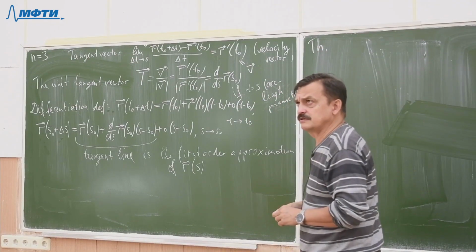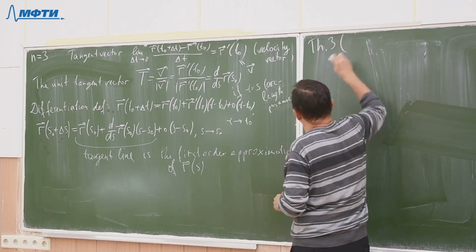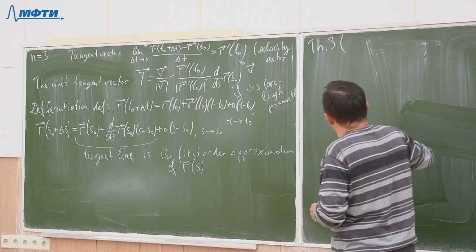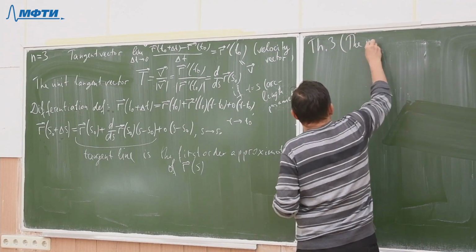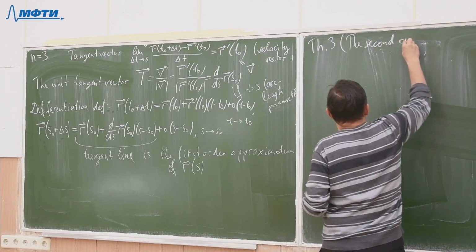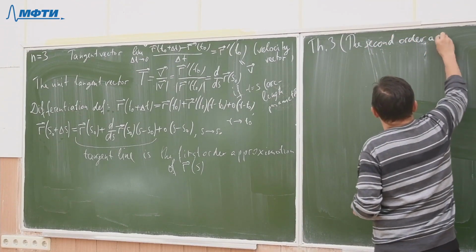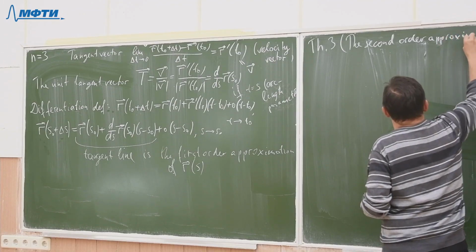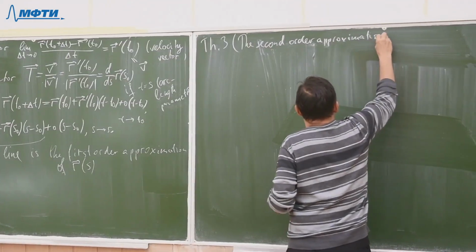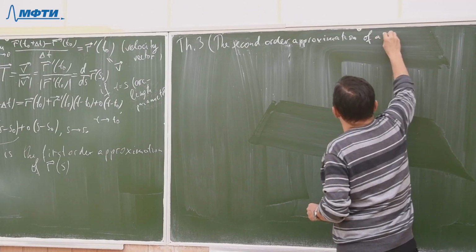Number is 3, I guess, right? And that is the second order approximation of a curve.